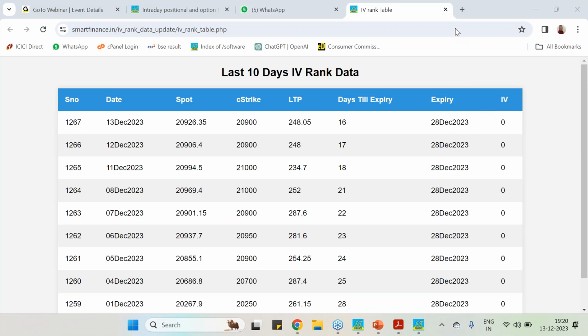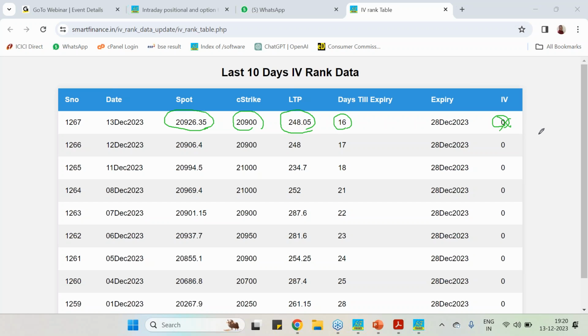To find the IV rank, what do we have to see? We have to see the nearest call strike. If Nifty is at 20,926, for the nearest call strike, whatever premium is there, you have to record. You have to keep the number of days till expiry, and the IV you have to calculate.